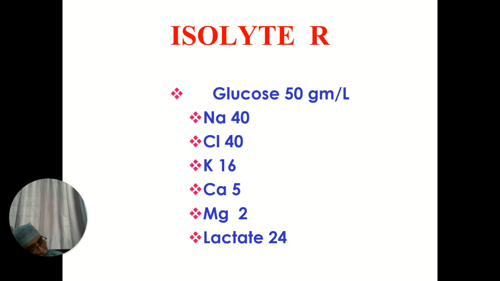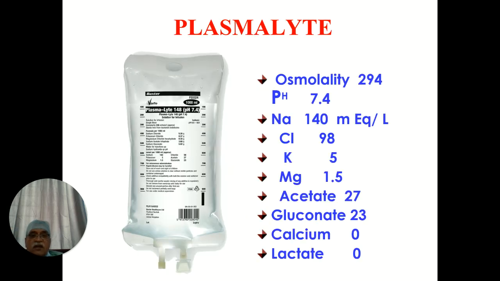Isolyte R is another type of adult maintenance fluid. Plasma-Lyte solution has osmolality the same as blood, pH the same as blood, and composition the same as blood.